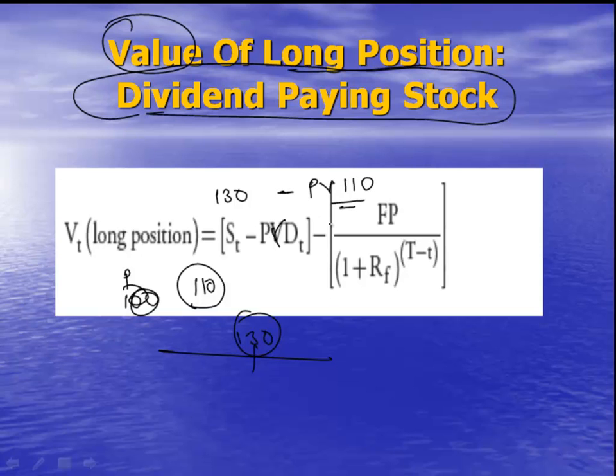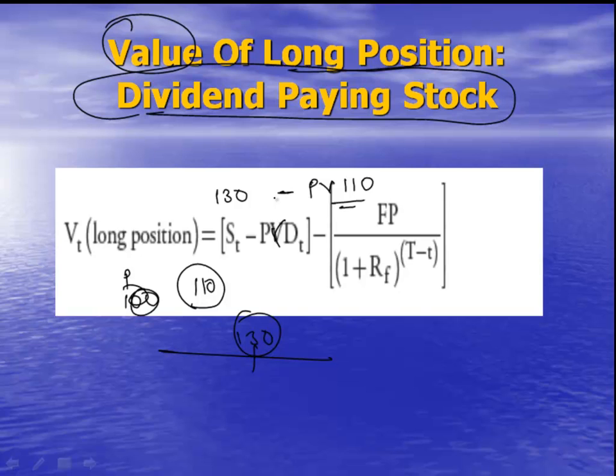And that's the value to the long side. But now one more cash flow would come into the picture: when you short sell the security, you would also be required to pay the dividend. You want to find out the value of the position today. You would be paying the dividend 6 months from now. So if you know that 6 months from now the dividend is 30, if you deposit only the present value of 30 today in the bank, automatically it would take care of the dividend payment.